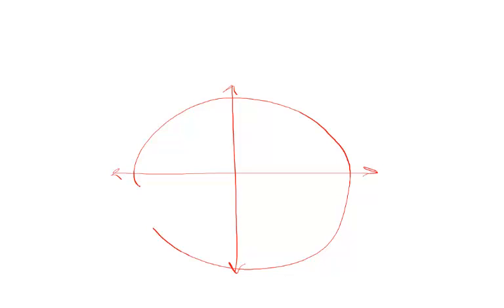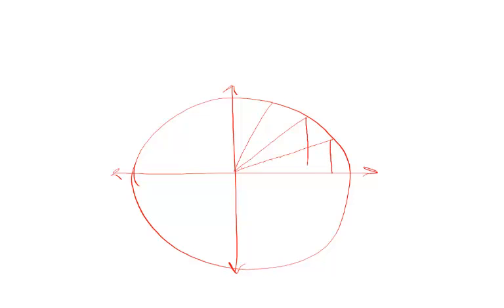I want to put us in the plane, and I want you to think about something. I'm a terrible circle drawer, but let's say that we are in the unit circle. We have a 30-degree angle measure, a 45-degree angle measure, and a 60-degree angle measure.